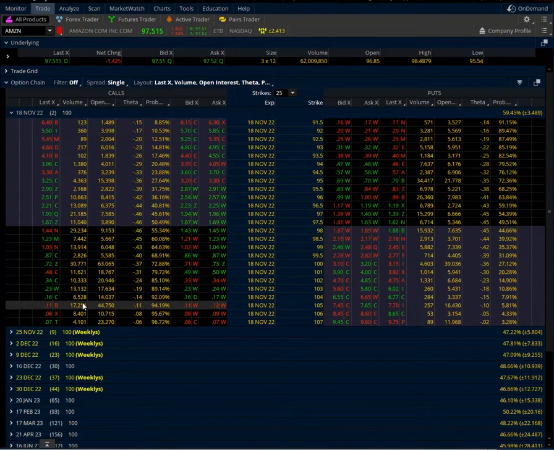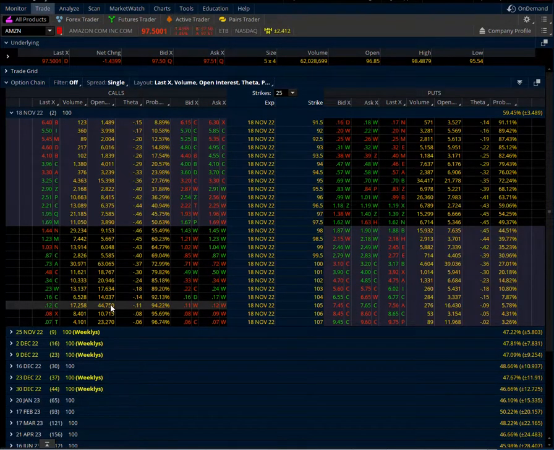The volume: Amazon's going to do a lot of volume in options. There's been well over 17,000 contracts traded today, and those contracts have been both purchased and sold. The open interest: as far as I know, this will update tomorrow, but the open interest is the current number of open contracts, and those can be long or short.